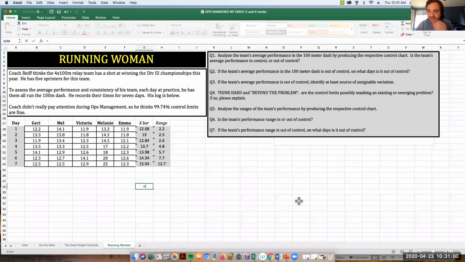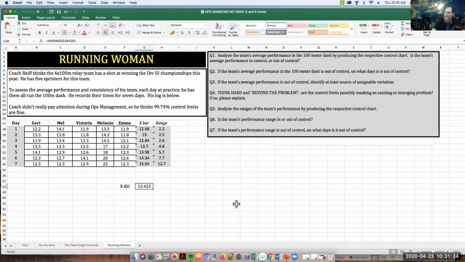So to find X double bar, we just take the averages of all the X bars. And that's your X double bar. Okay. Right there. Super.